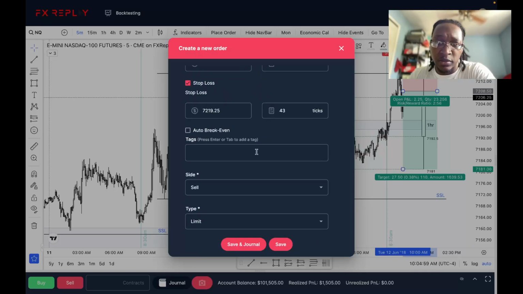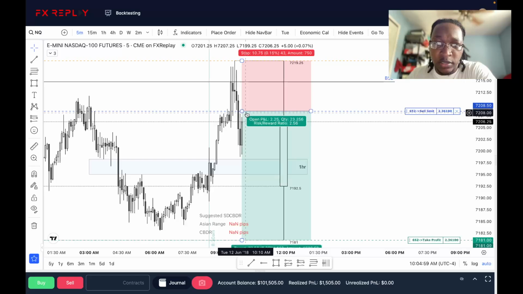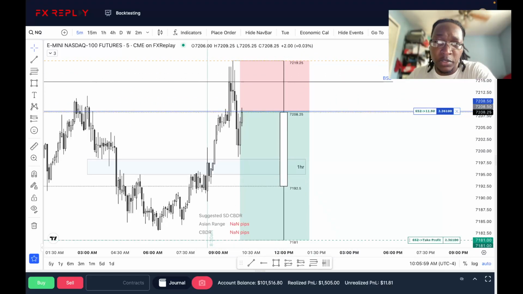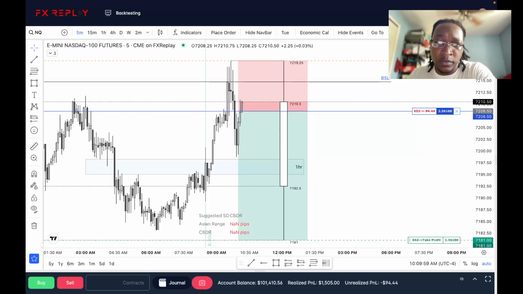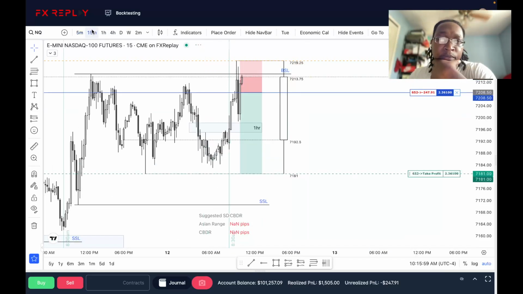Yeah, I'll risk 0.5% on this. Risk 0.5% at that fair value gap. Let's just manage our risk properly. We enter in. Just a little high. We're at 50% of the drawdown, the stop loss there.